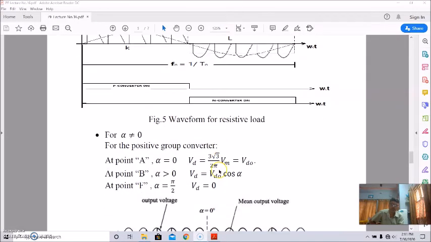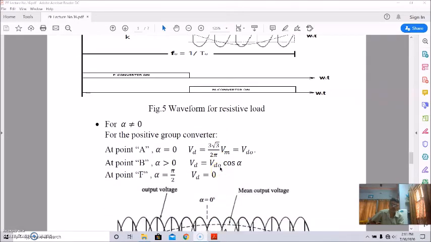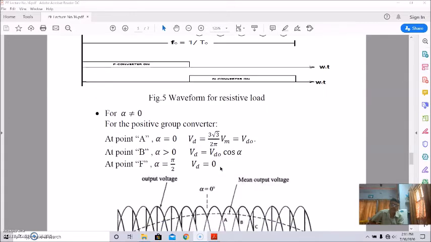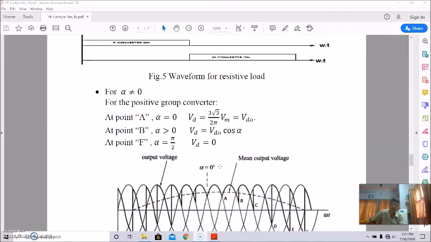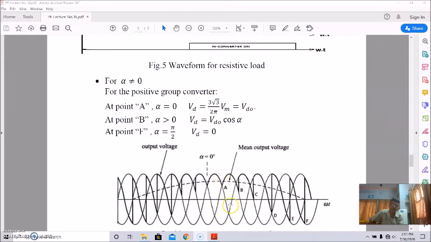For alpha not equal to 0, for the positive group converter at point A, that is alpha equal to 0, the load voltage VD is equal to 3 root 3 by 2 pi Vm, that is VD0.